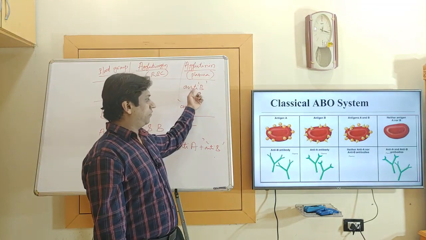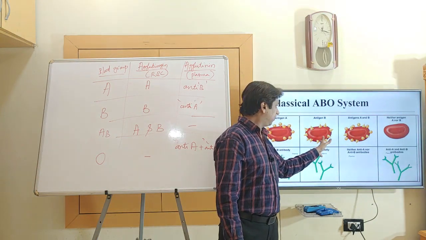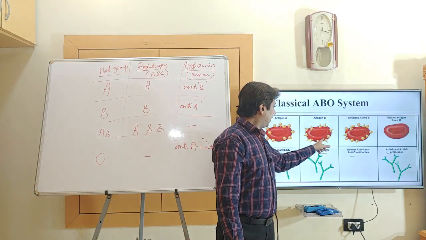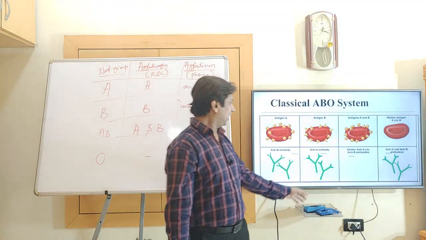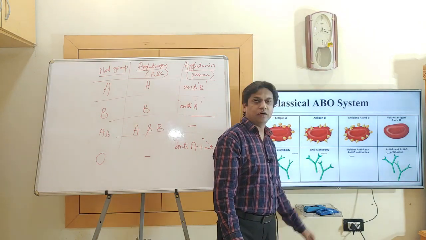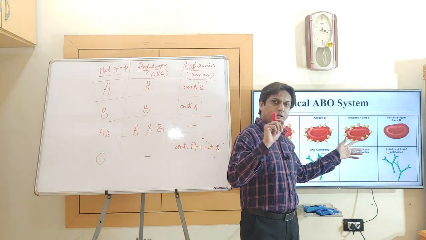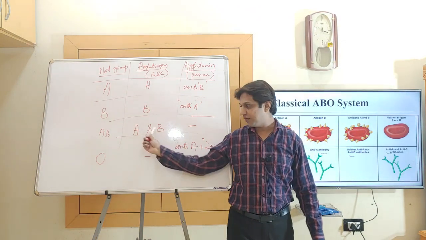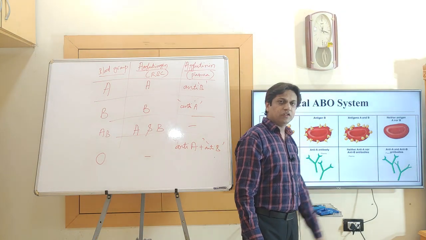In blood group B, antigen B is present on the surface of the RBC, and anti-A antibody is present. In blood group AB, both A and B antigens are present on the RBC, and neither anti-A nor anti-B antibodies are present in the plasma.